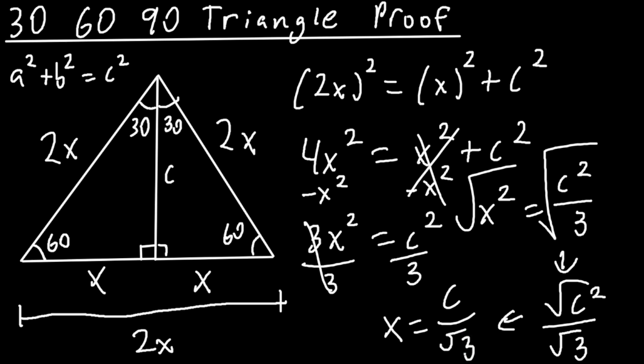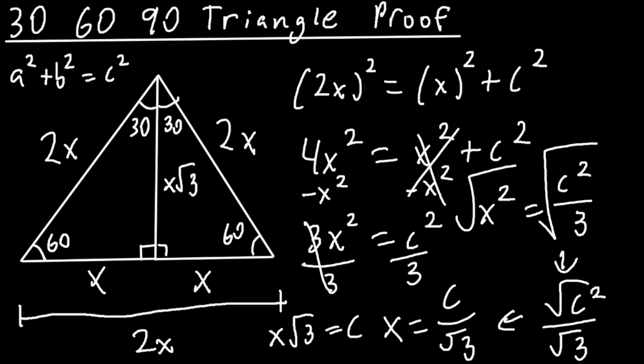I want to get c by itself now, so I'm going to multiply both sides by the square root of 3. Then we get x times the square root of 3 equals c. Now we've defined c in terms of x. So let me get the c out of the way, and I can write x times the square root of 3. There you go.